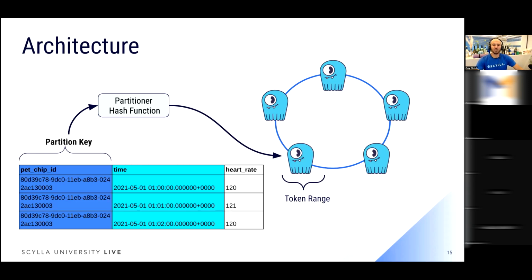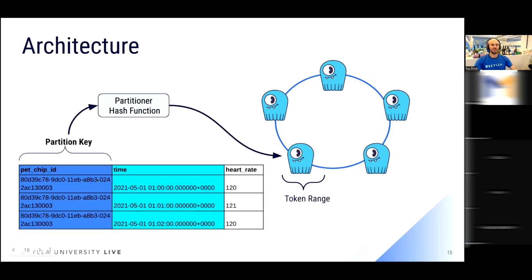So under the hood, we define a partition key. So each table needs to define at least one column as the partition key. In this case, we have a simple table with 3 columns, pet chip ID, time, and heart rate, and the partition key is defined as the pet chip ID.